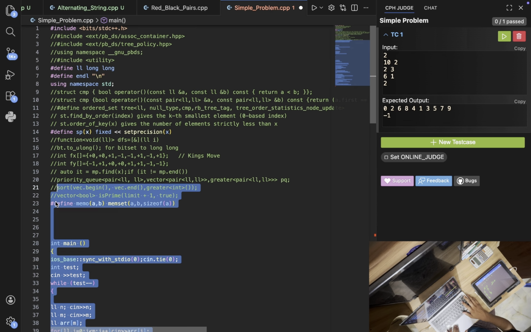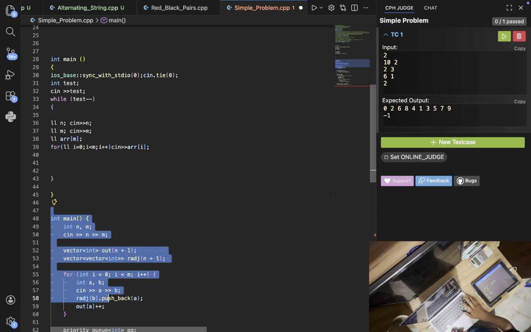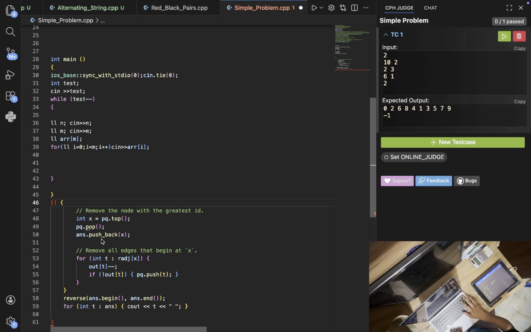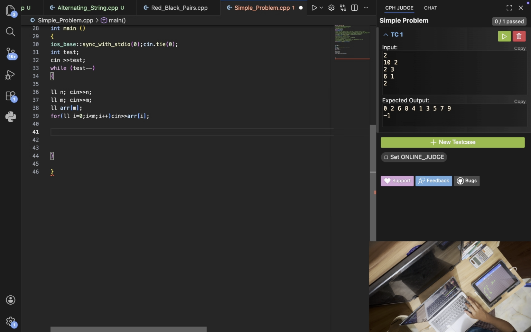No, it shouldn't be used. Okay, so there's that. Now I have to create a graph, a dependency graph, but in opposite order, and remove that first, and so on.